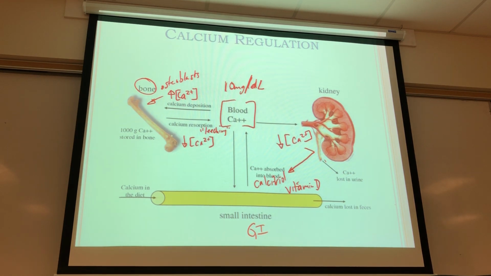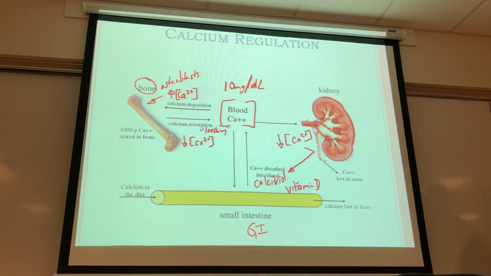So you may have heard, especially if you look at milk, milk can be fortified with vitamin D. Women around menopause age are at risk for osteoporosis. They'll tell you, if you need to increase your calcium, take in extra leafy vegetables, take in milk. But they'll also tell you, make sure you take vitamin D with it, because vitamin D will increase that absorption from your food.